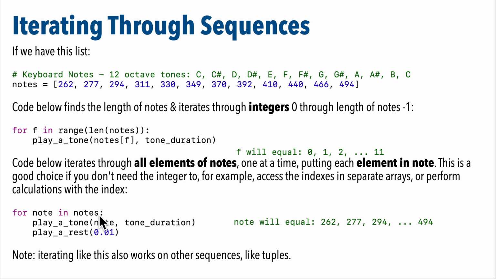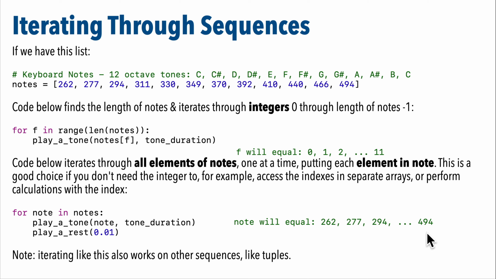So the value note is an element of the list notes. This statement says go through every element of notes, that sequence, and put each element into the value note one at a time as you go through the loop with each iteration. So in this case, instead of getting the index value, we actually get the value of the element itself, 262, 277, all the way up to 494.